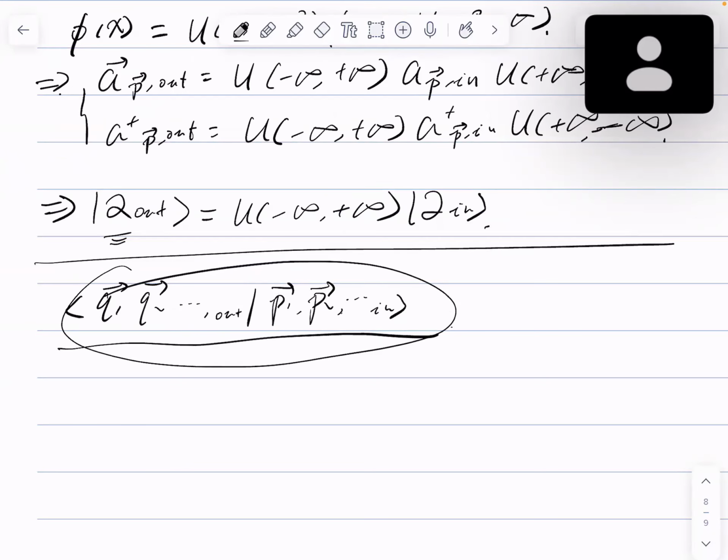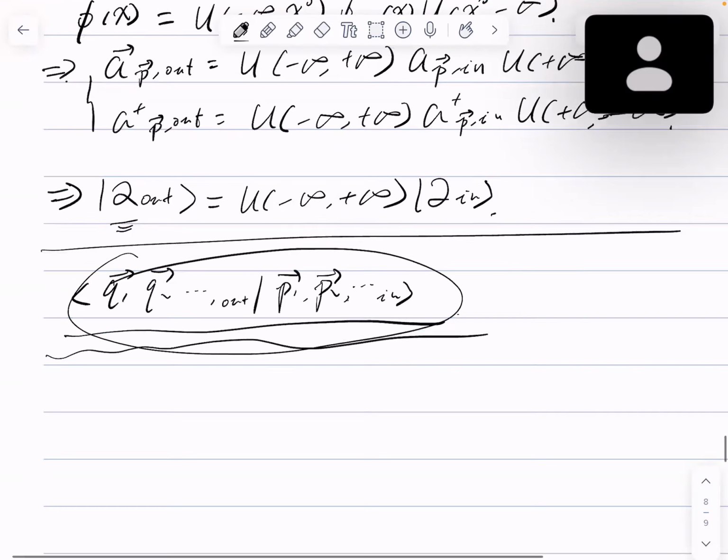The textbook has discussed the decay rate and the cross section, but I think they are a little boring, and everyone can just read it. We just need to know we can construct any observable quantities from such a transition amplitude based on in and out states, and that's enough.